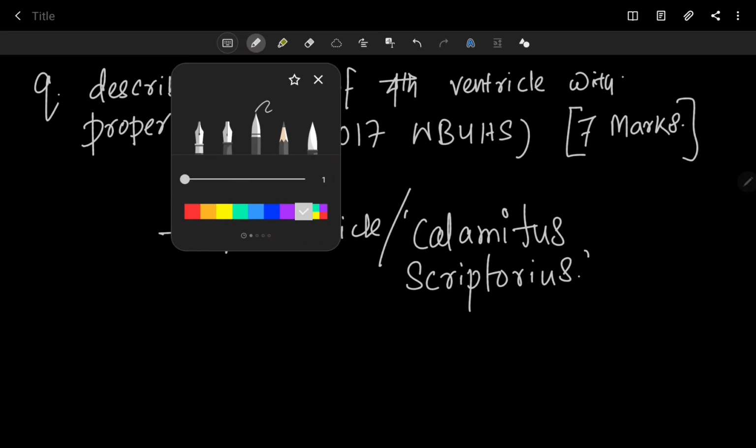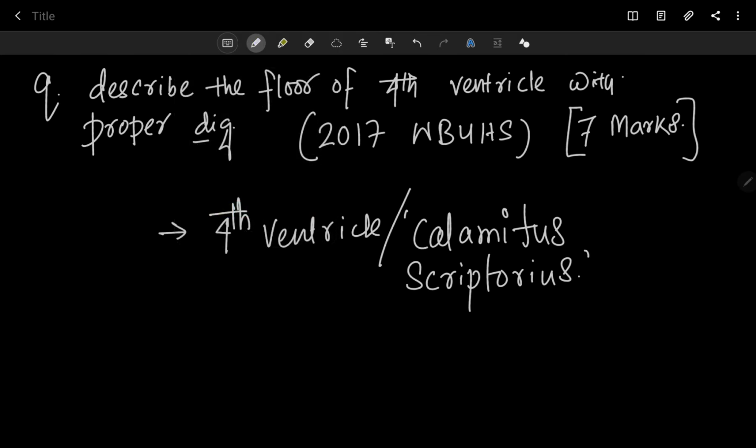So first of all, the fourth ventricle is also called the calamus scriptorius. What does that mean? It looks like the nib of a fountain pen.